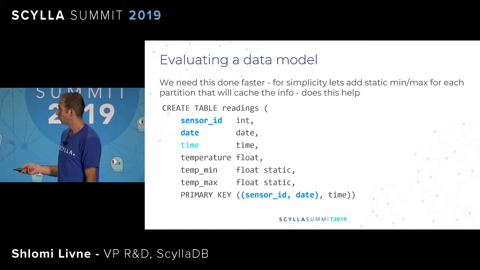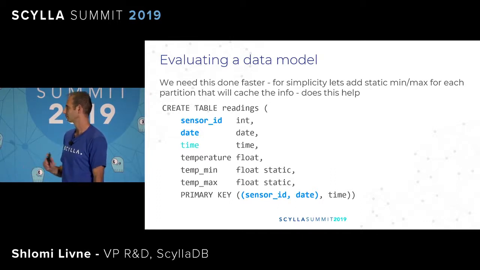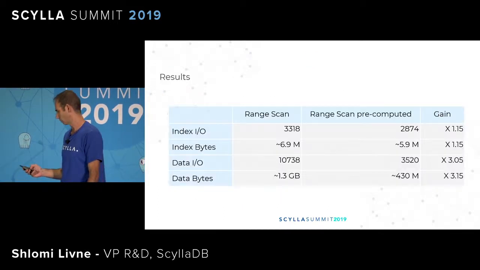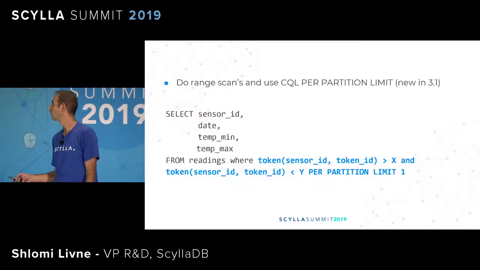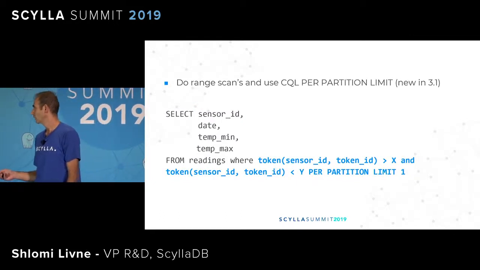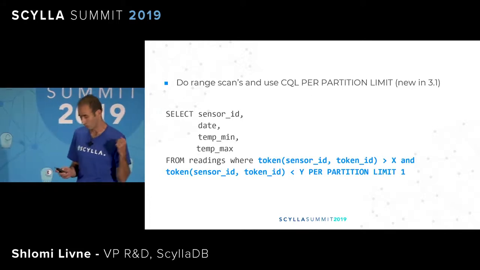So for each partition, we're going to store a static field with a temp min and temp max. And when we talk about how to query that information, the query will be like this. We want to get the min and max, but that's only one.